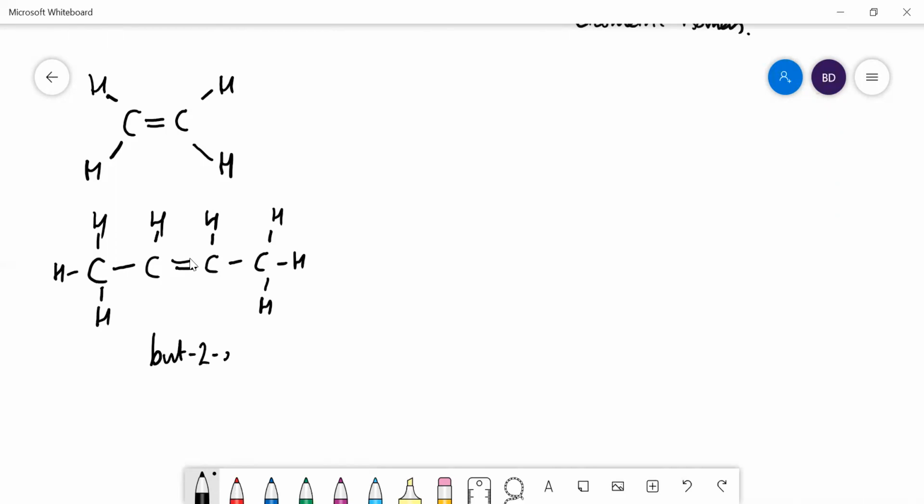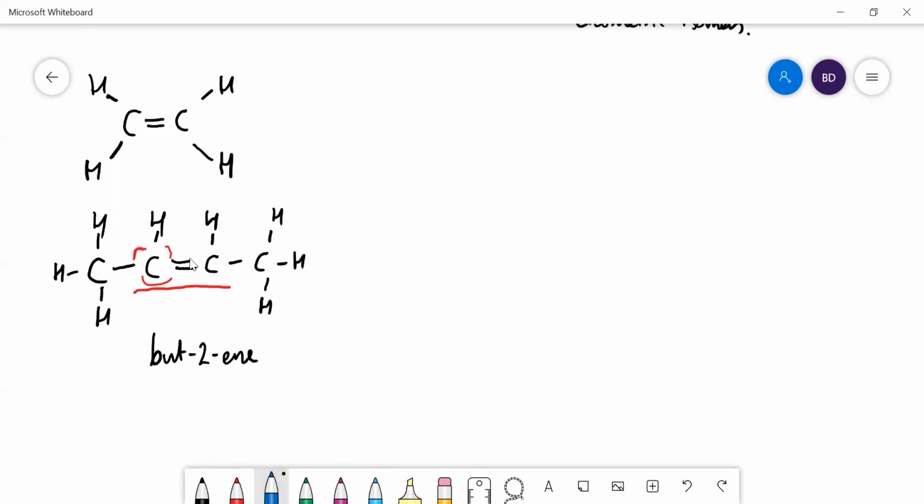Now, first of all, before we think can that exist as geometric isomers, I'm going to take issue with the way that I've drawn that, which is how a lot of people draw it. I haven't really shown the bond angles there. It looks like you've got 180 here and you've got 90 there. Yeah, but it's not like that. Every bond angle around those carbons with the double bond is 120.